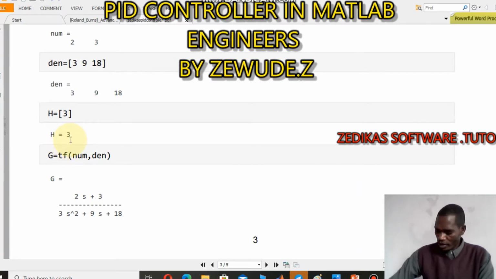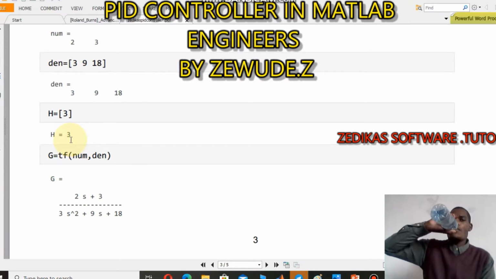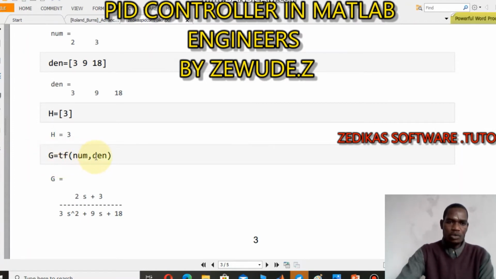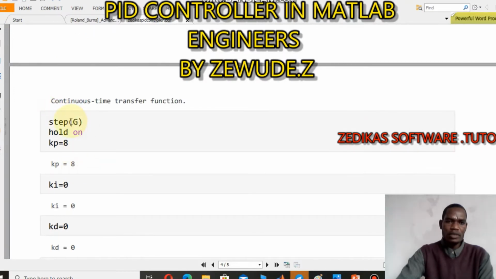So here H is 3, and the transfer function TP has a numerator and denominator. So there is my transfer function. The step response of G, hold on.